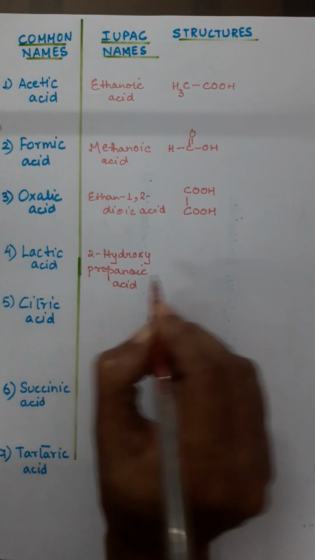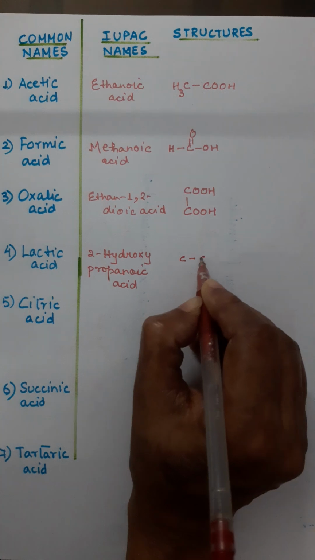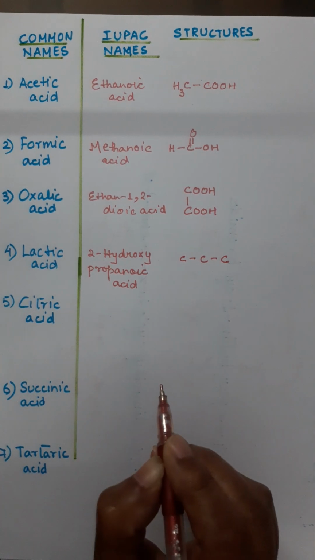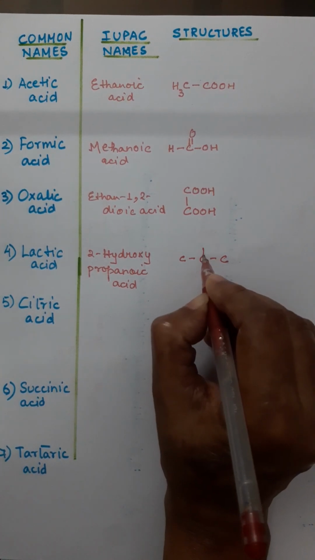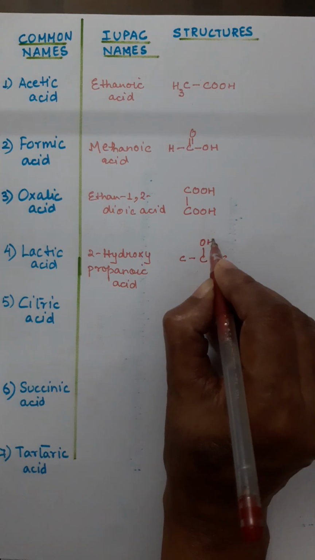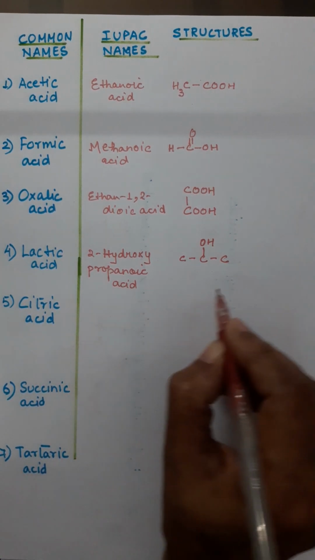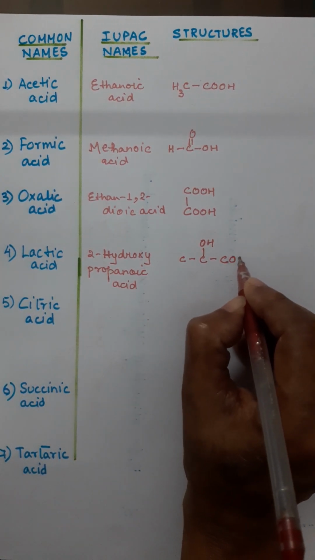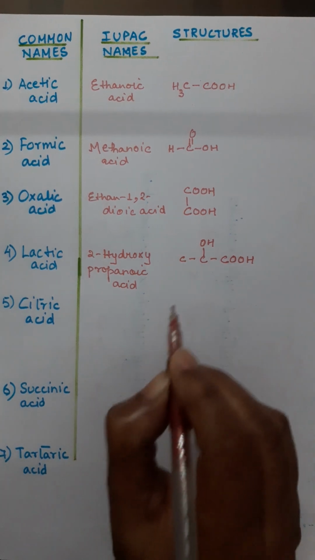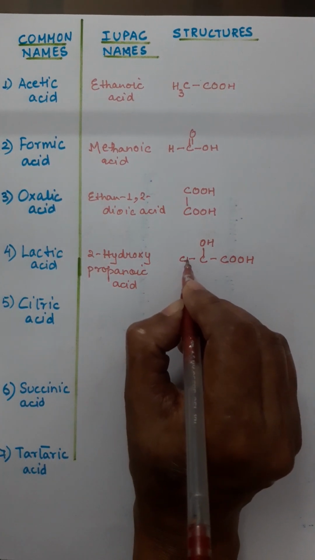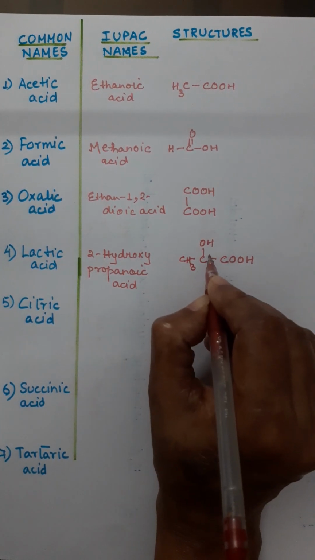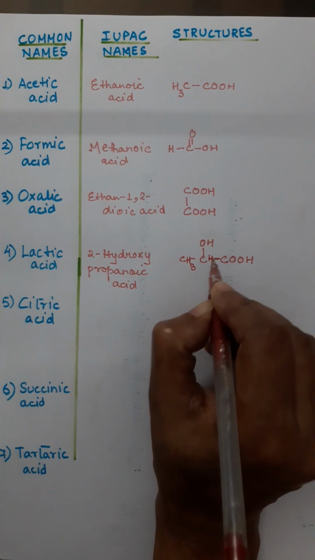So it is prop, so 1, 2, 3 carbon. Okay. In the second carbon there is a hydroxy. It means OH. And it is a propanoic acid. So it is COOH. And the rest fill up with hydrogen. So this is 3 and this is 1. Okay.